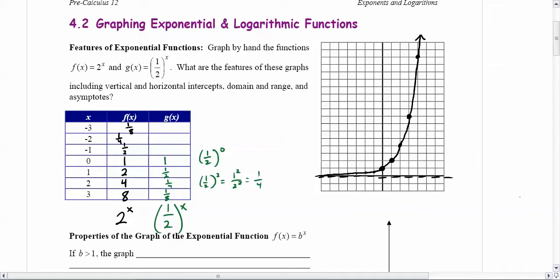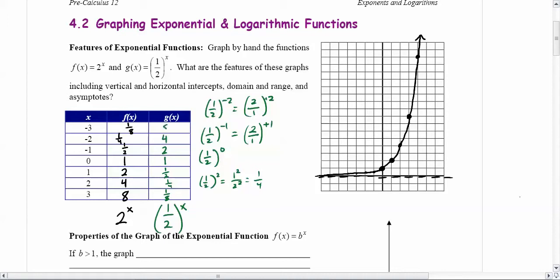Now what happens when we go backwards? 1/2 to the power of negative 1 is 2. When you have a negative exponent on the outside of a fraction, you can flip the fraction over and change the exponent to positive. That's the rule from grade 10. Okay, so it's 2 to the power of 1. 1/2 to the power of negative 2 is the same as 2 squared.